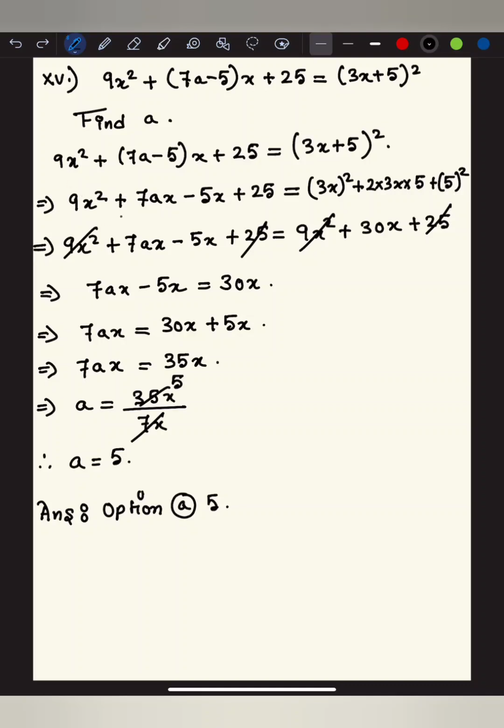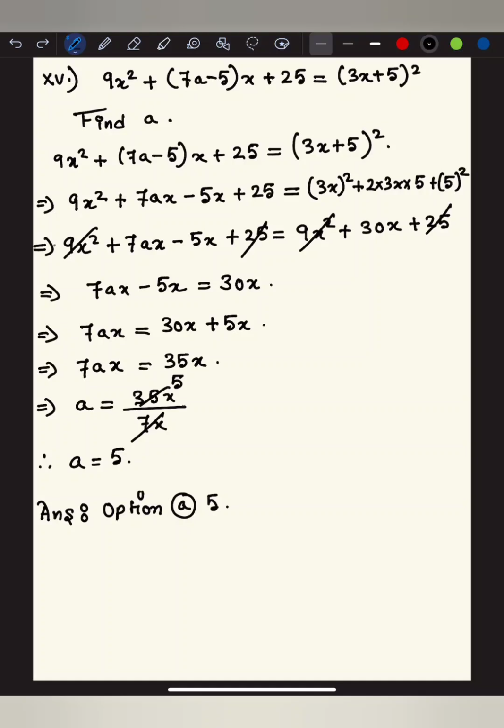So 9x square plus 7a into x means 7x, minus 5 into x means minus 5x, plus 25 is equal to 3x plus 5 whole square, which is a plus b whole square, equal to 3x whole square plus 2 into 3x into 5 plus 5 whole square.